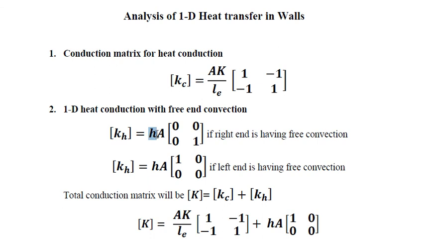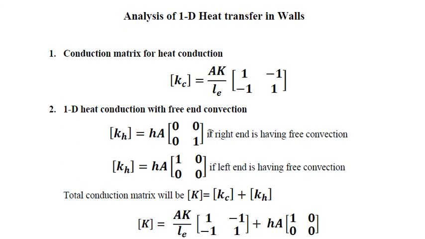H is the convection coefficient of the material in watt per meter square Kelvin or watt per centimeter square Kelvin. Area is the cross sectional area of the member, into again a 2 cross 2 matrix because the degrees of freedom is 2: 0 0 0 1.